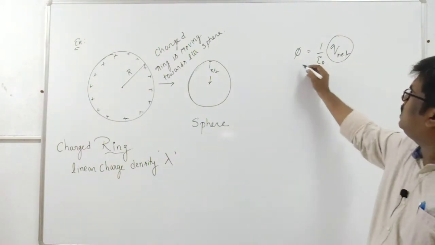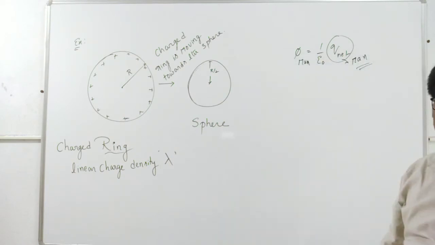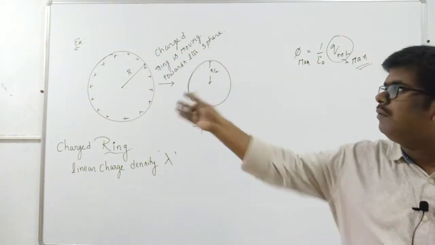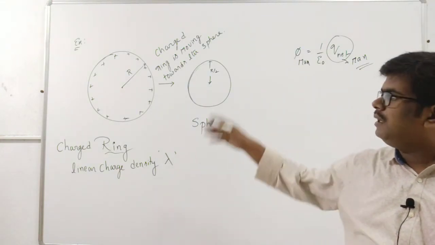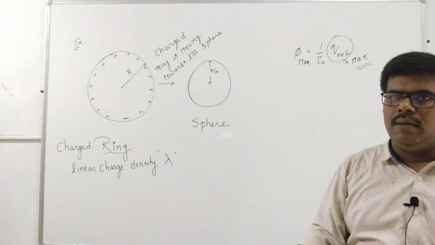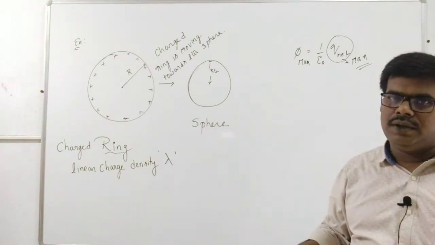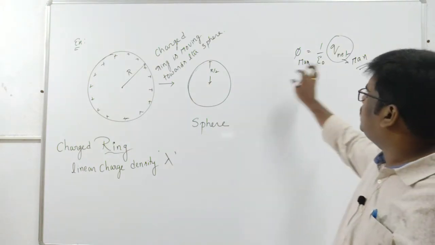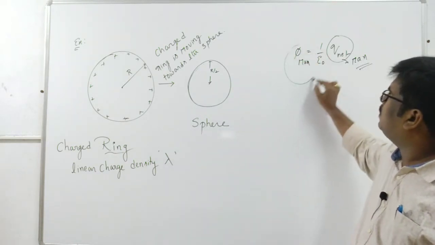That is possible when a large length of the ring is present inside it. The more length of the body inside, the more charge is inside, because the charge is uniformly distributed throughout the ring. So the more charge present inside the sphere, the more flux will be produced.